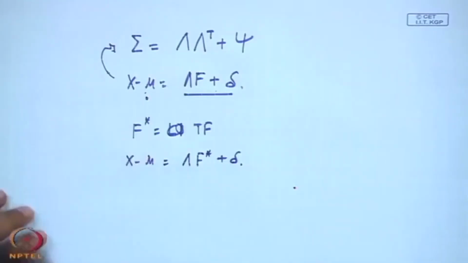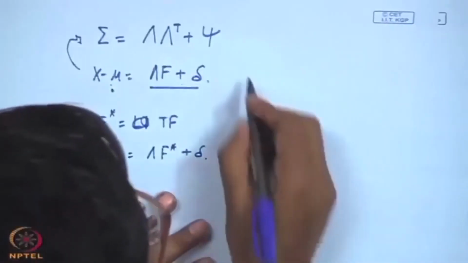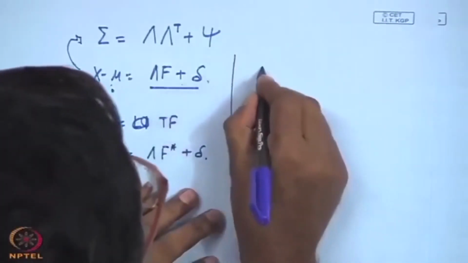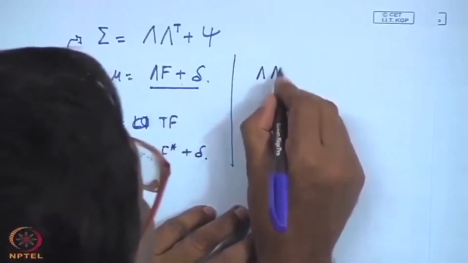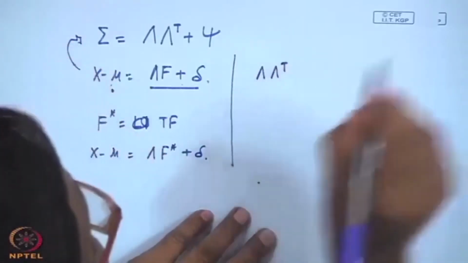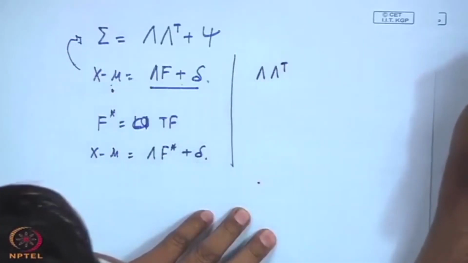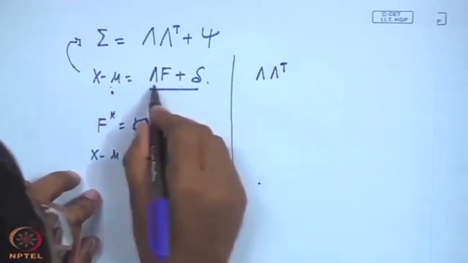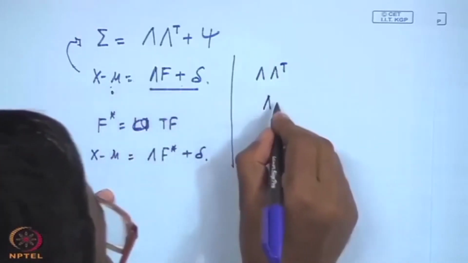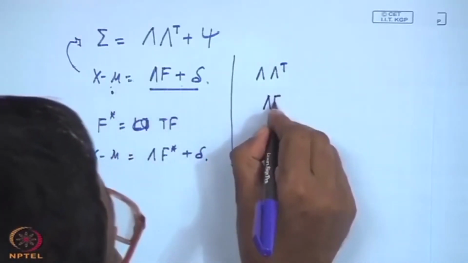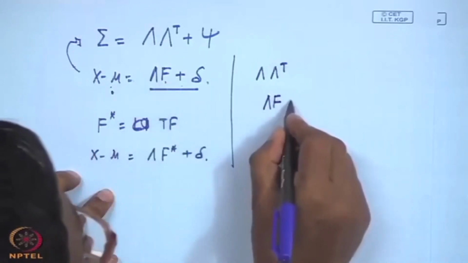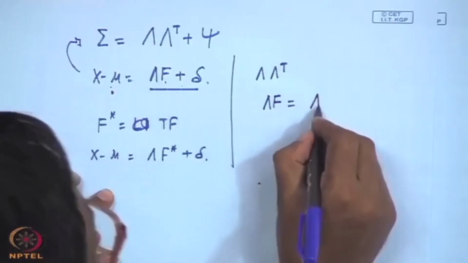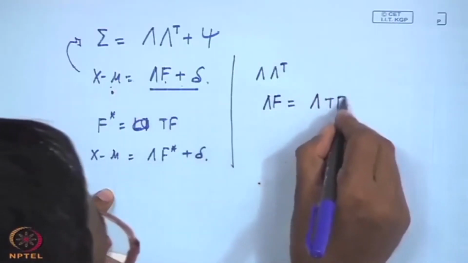In some other directions, what will happen to this lambda lambda transpose? Lambda f will become lambda t f.